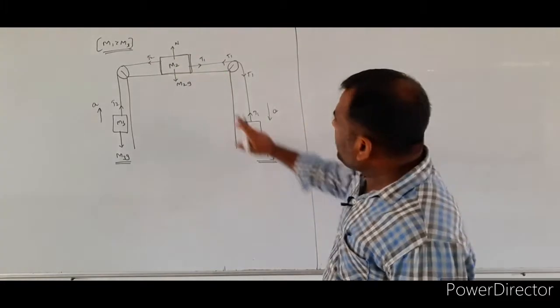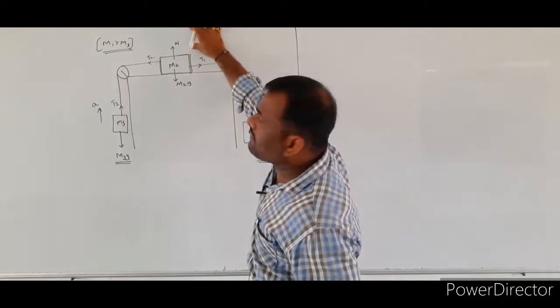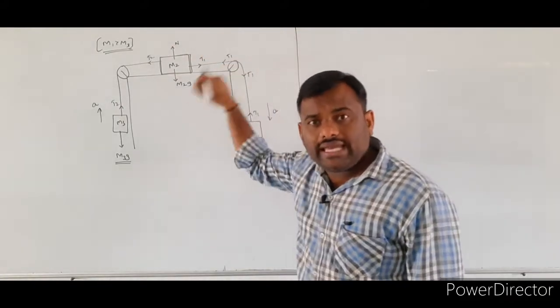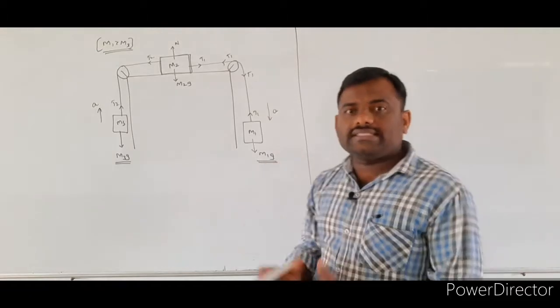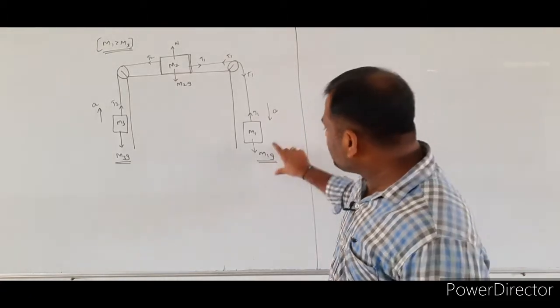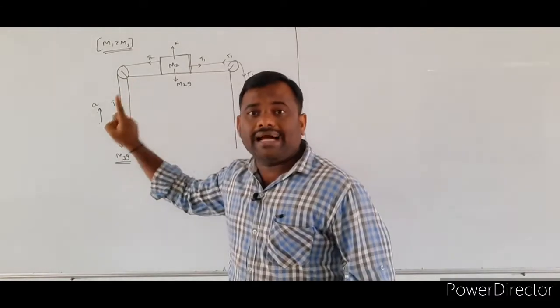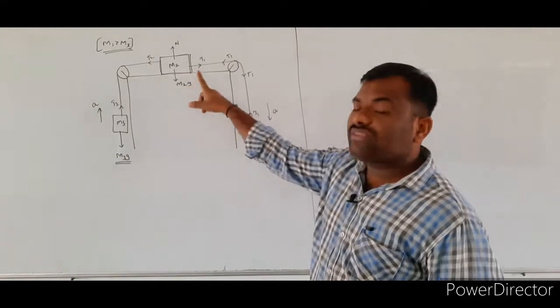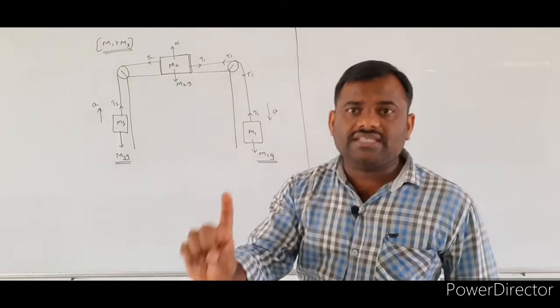Here m2 is placed over the surface of the table and its weight is balanced by the normal reaction. So what we have to understand is that the motion of the system results from the weights of the m1 block as well as the m3 block only. The weight of the m2 block does not cause the motion of the system.